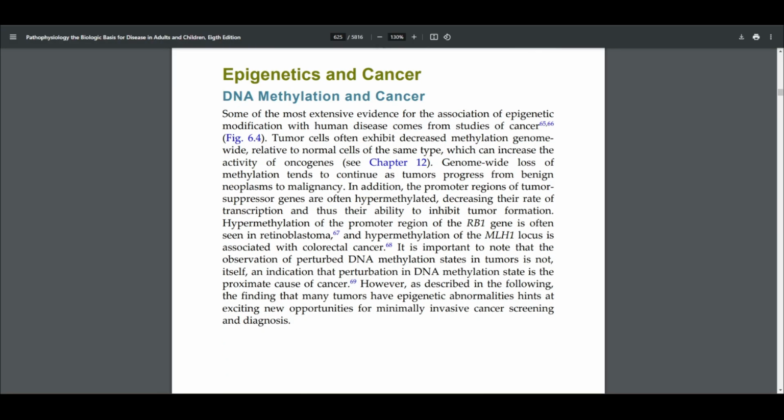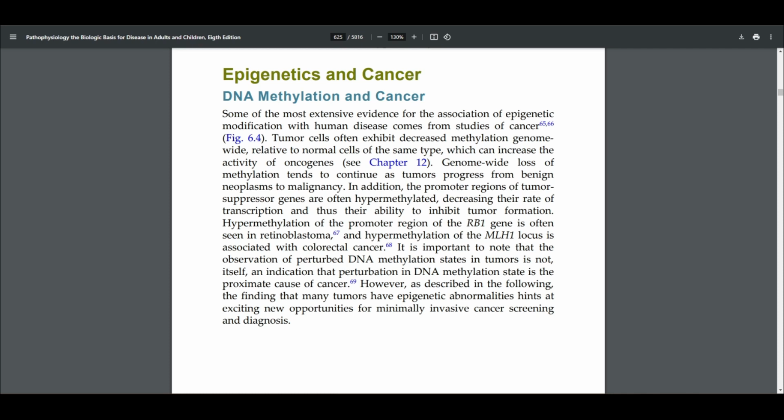Epigenetics and cancer. DNA methylation and cancer. Some of the most extensive evidence for the association of epigenetic modification with human disease comes from studies of cancer. Tumor cells often exhibit decreased methylation genome-wide relative to normal cells of the same type, which can increase the activity of oncogenes.